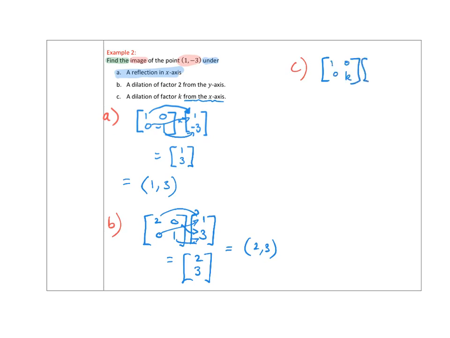When we multiply this by 1, -3, we know that we will have the new point 1 times 1 plus 0 times -3 is 1. 0 times 1 minus 3 times k is -3k, and so our point becomes 1, -3k. And that's how we apply transformations to a point.